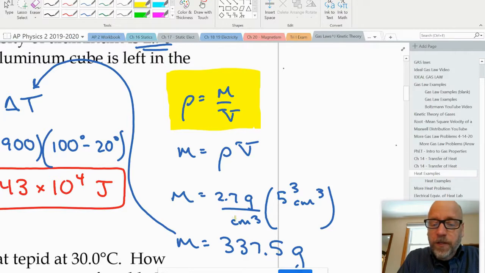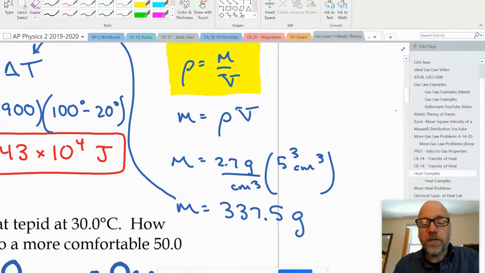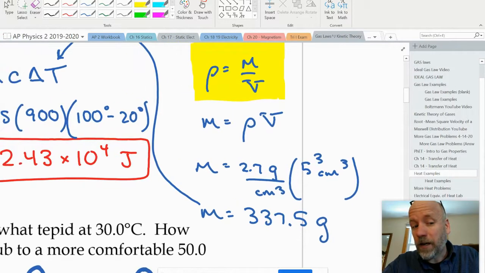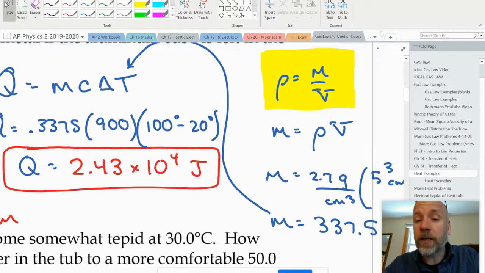Since it was given in centimeters cubed, those units are going to cancel out. Piece of cake. And you find a mass of 337.5 grams. Now, when I do calorimetry in physics, we're going to be dealing in joules, so we should be dealing in kilograms, and our values for specific heat are in joules per kilogram degrees Celsius.